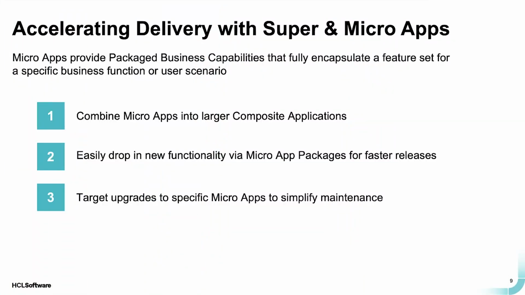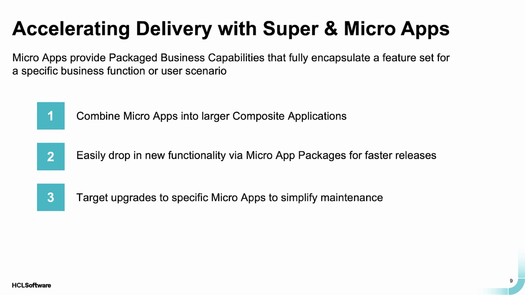Now, what is a micro app and what is a super app? To help understand this better, think of an application. An application usually has several different features or modules. Typically a team is working on it, and the team members are going to be working on different aspects of the application.